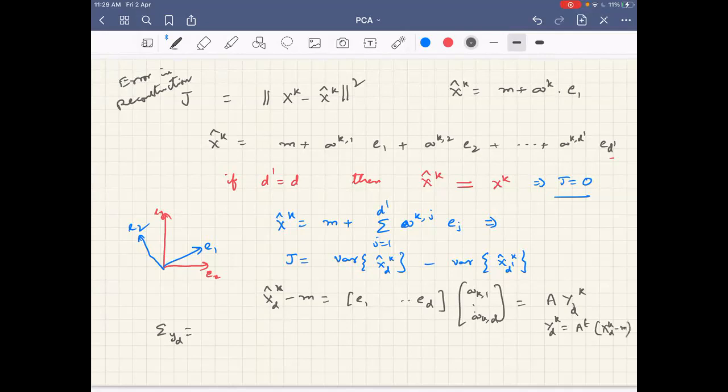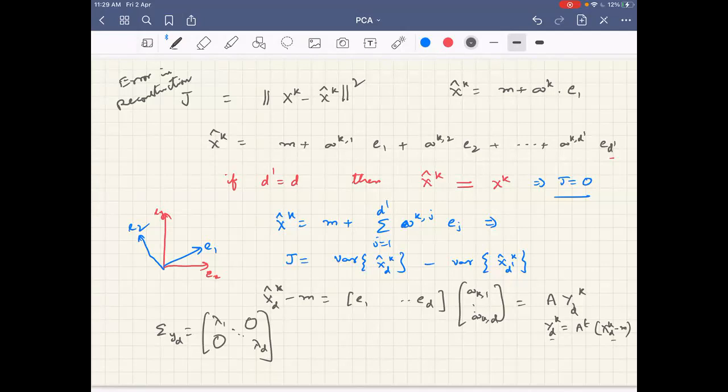This is exactly the same as what we have considered. The only thing that changes is that we are considering all dimensions to project at one time, and only a few directions to project at another time. So now this is equal to lambda 1, lambda 2 up to lambda d. All eigenvalues will come into the picture.